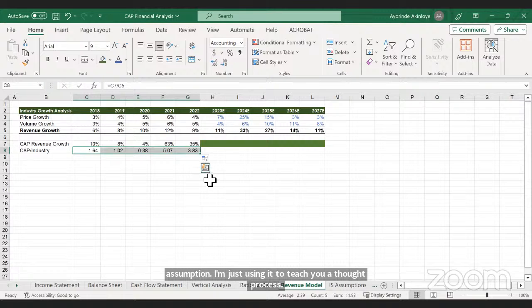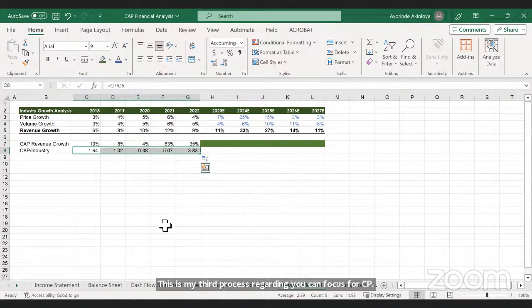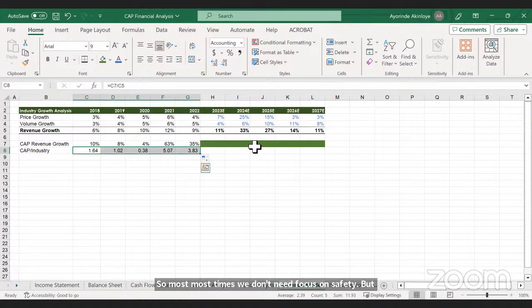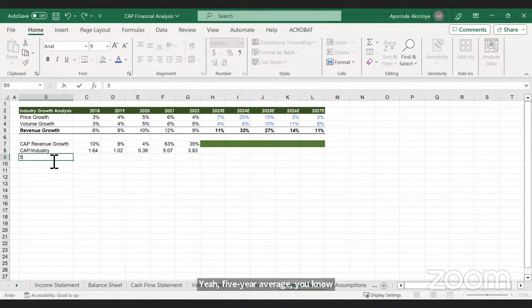Remember, I've never built a model on CAP before because they are not an actively traded stock. They're hardly in demand on the stock market, so most times we don't really focus on CAP. But the 5-year average, CAP grows revenue at an average of 2.39 times the industry growth.